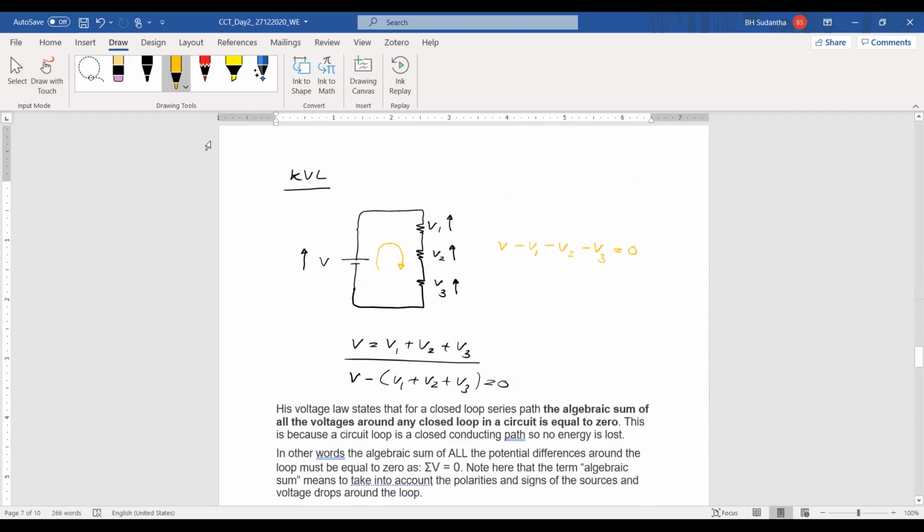That's why I mentioned here: simply you can take V equals V1 plus V2 plus V3. If any one of these is unknown, you can find it if you know all the other three.